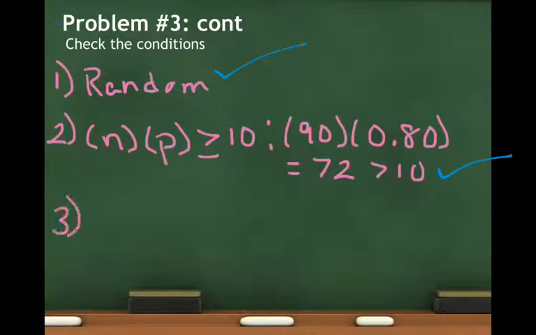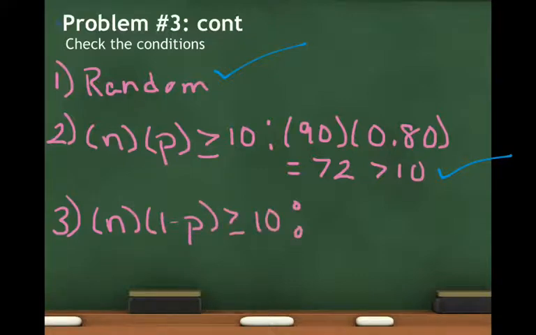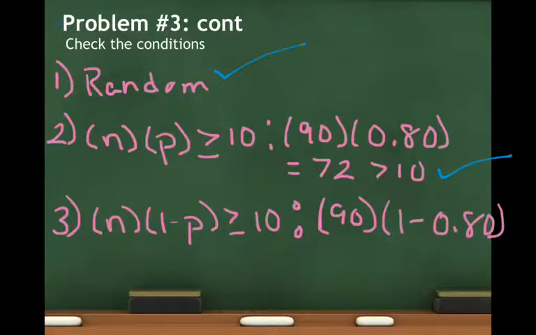Our last condition is our sample size times 1 minus the population proportion, and that needs to be greater than or equal to 10 as well. You're going to take 90 times 1 minus 0.80. Find that value there.